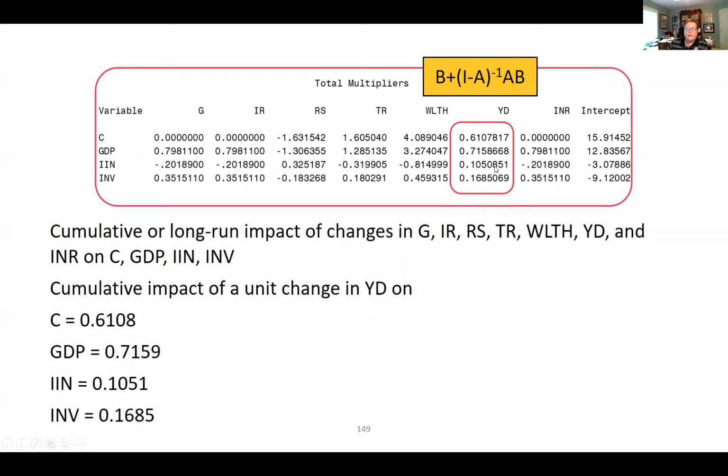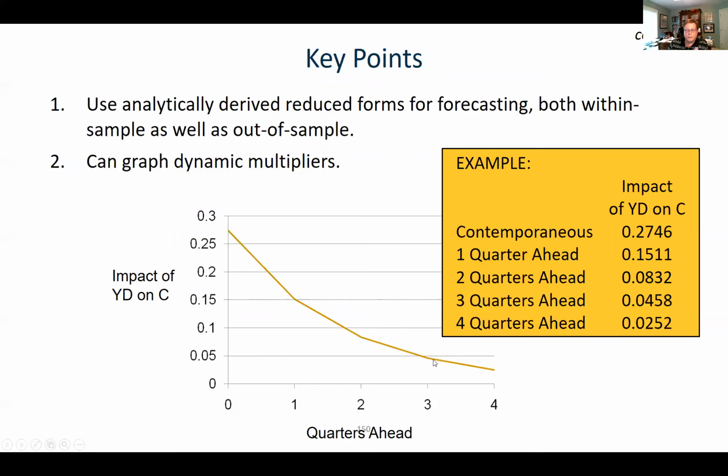For IIN, 0.105. And for INV, 0.168. And you can also take a look at mapping or diagramming based on the fact that we have interim multipliers here. Here is the current or impact multiplier, the multiplier of 1 quarter, 2 quarters, 3 quarters, 4 quarters down the road. And notice that the impact is diminishing in geometric fashion.